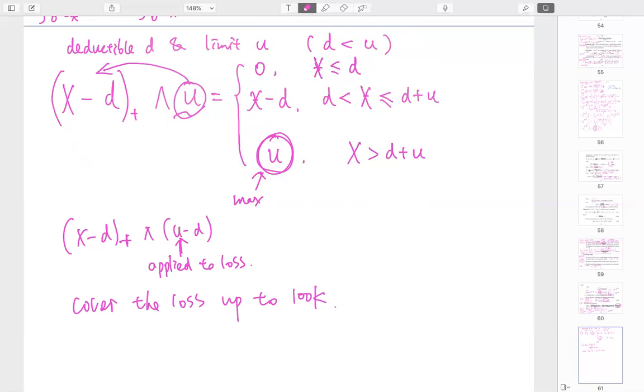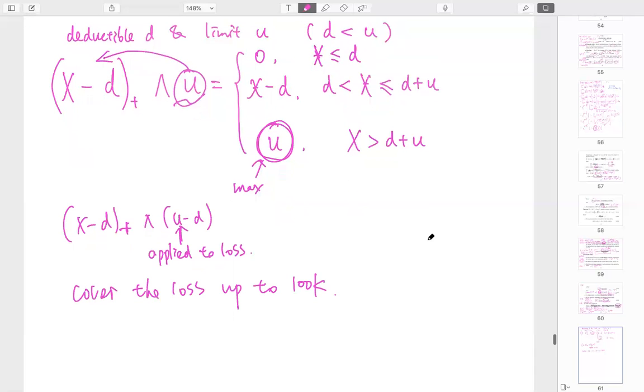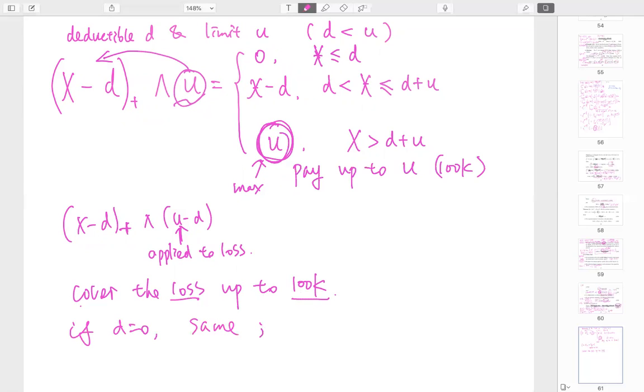Sense the difference between those two scenarios. Here it is pay up to U, say U is 100K. Here it is cover the loss up to 100K. If there's no deductible, if the deductible is 0, those two are the same. But if there's a deductible, the first one will pay up to U. The second one will pay up to U minus D. That is the difference. So be careful on the context.